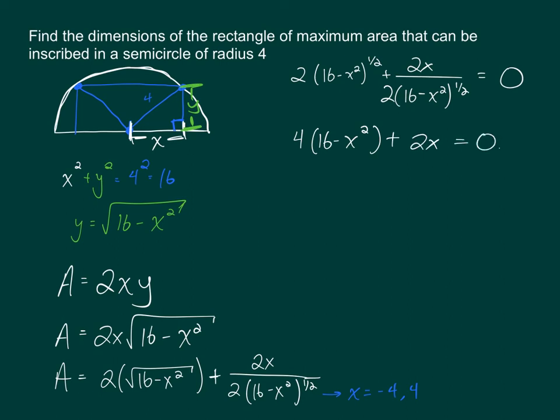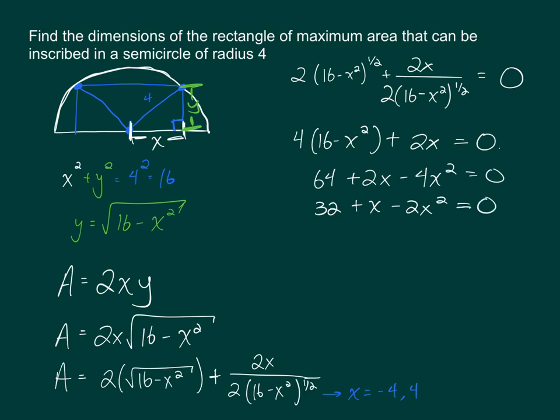There we go. So I can distribute this 4 through and rearrange some things to get 64 plus 2x minus 4x squared equals 0. I can divide everything by 2 and get 32 plus x minus 2x squared equals 0.